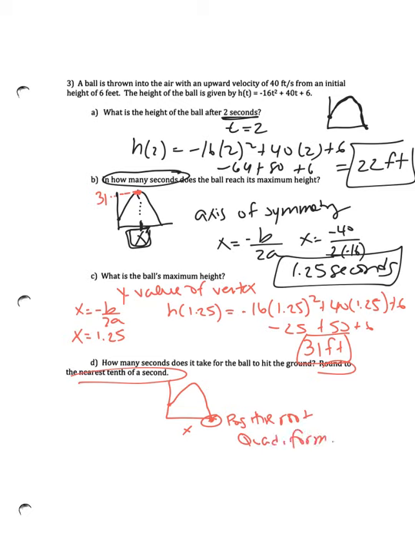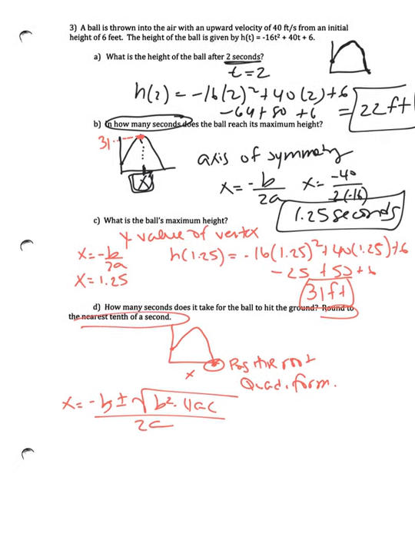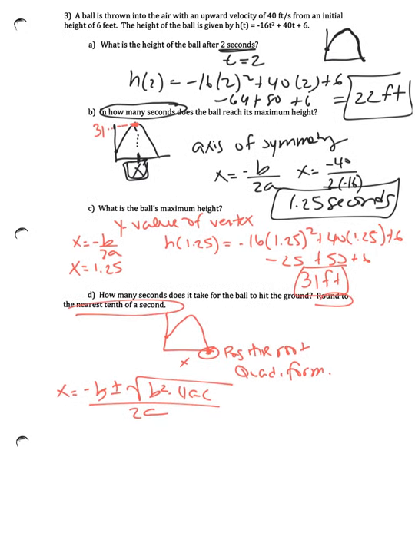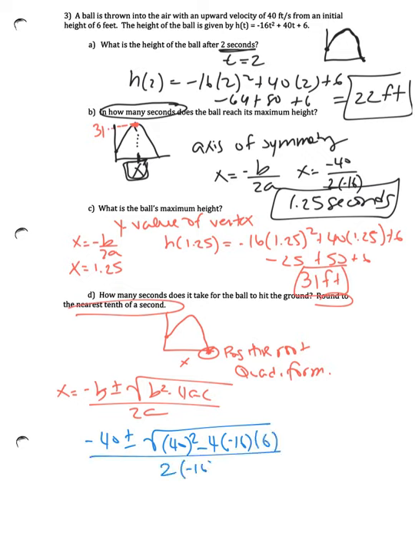Okay, so I'm going to go x equals negative b plus or minus the square root of b squared minus 4ac, all over 2a. So negative b would be negative 40. So negative 40 plus or minus the square root of b squared, 40 squared, minus 4ac, 4 times negative 16 times 6, all over 2a, 2 times negative 16.